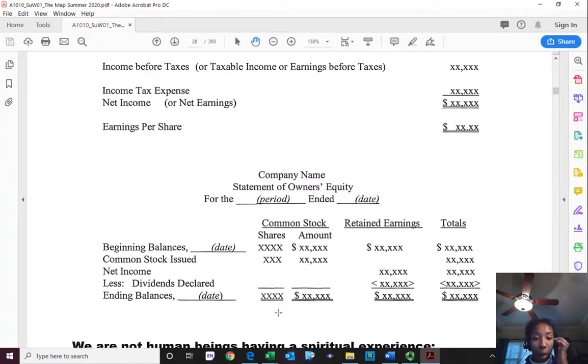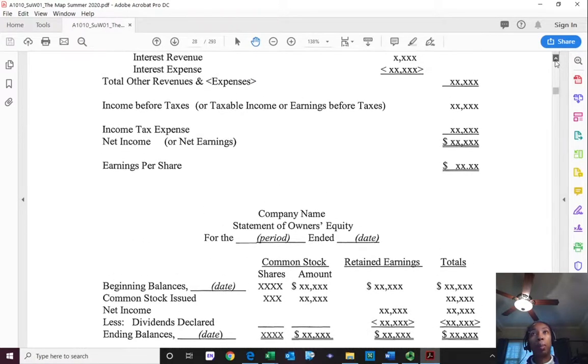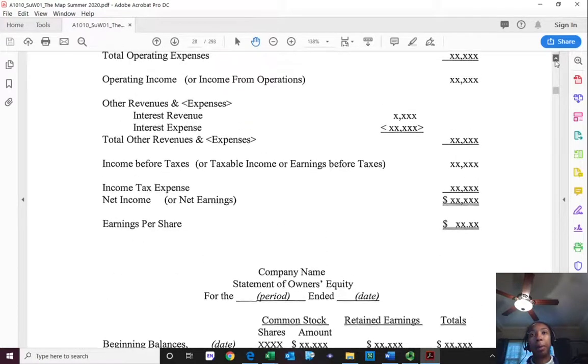So these are the three statements, once again, that we're going to reference early in the semester, and we'll move on to the other statement of cash flow later. But for the purposes of this lecture today, we're just going to be talking about this income statement.